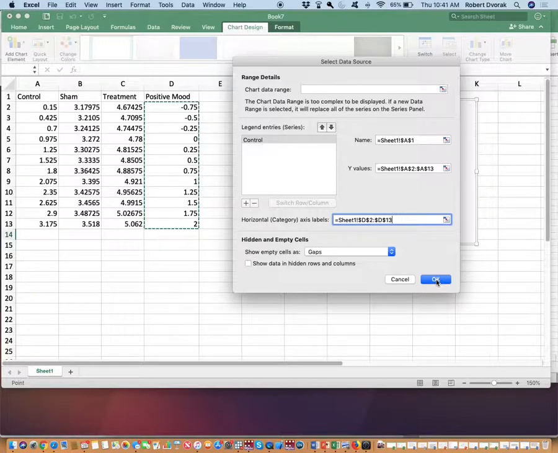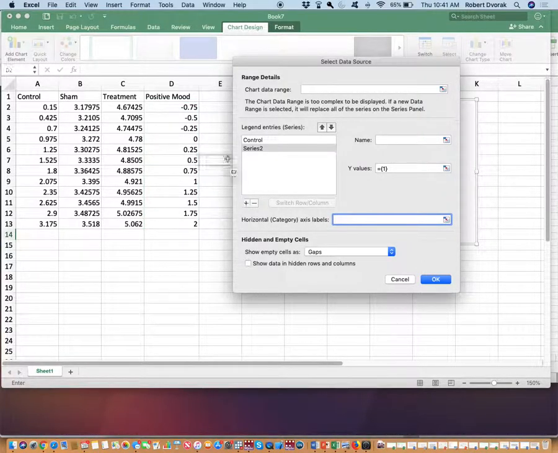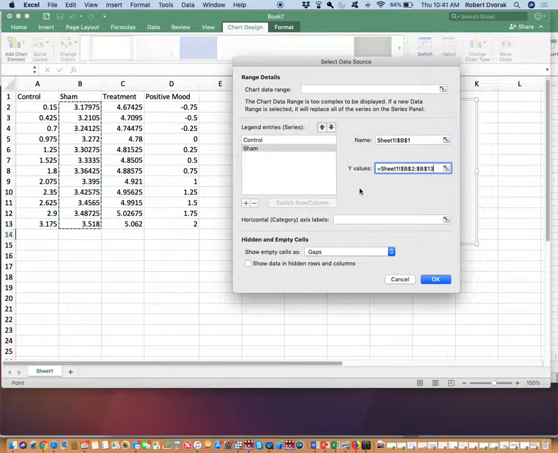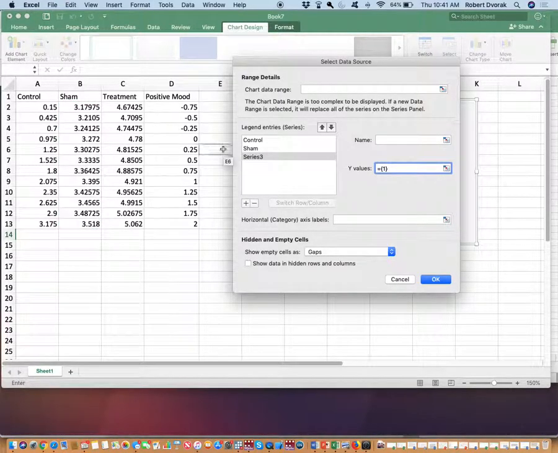For those of you who are there, you can go ahead and add your next 2 groups as well if you want. Hit control, name is sham, Y values are right here. And we can add our third one, name is treatment, and our Y values are right here.